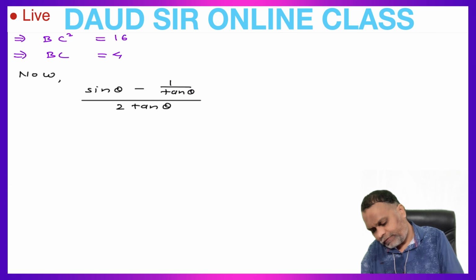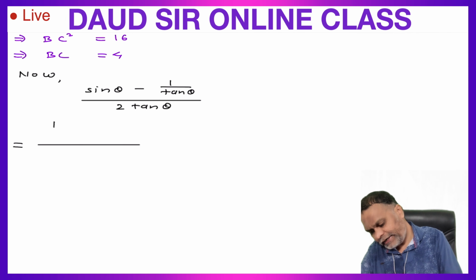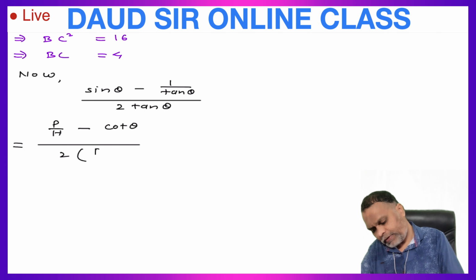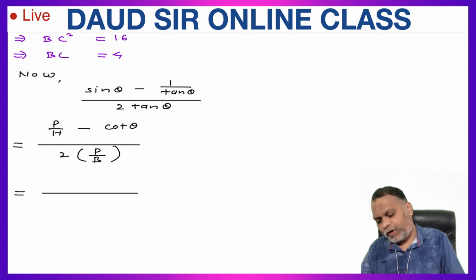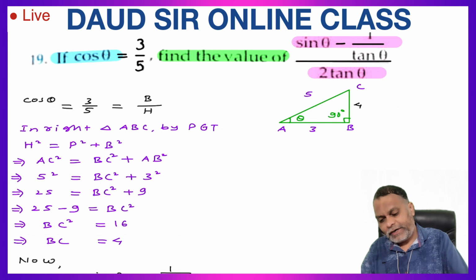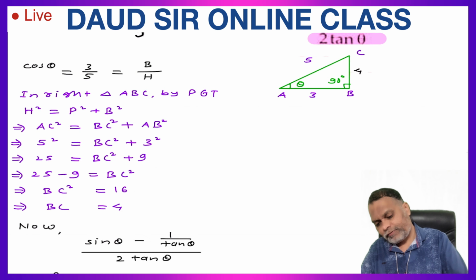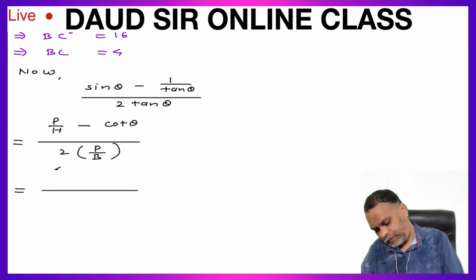Which is equal to sine theta, perpendicular upon hypo, minus 1 upon tan theta, which can be written as cot theta, upon 2 tan theta, perpendicular upon base. Perpendicular is 4 and hypo is 5, so 4 upon 5 minus cot theta.